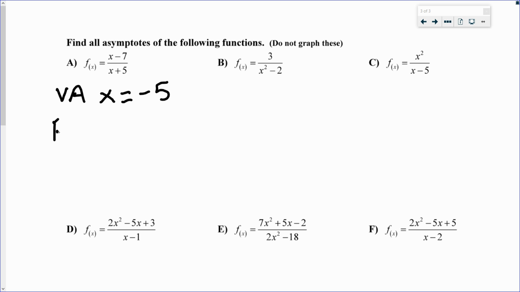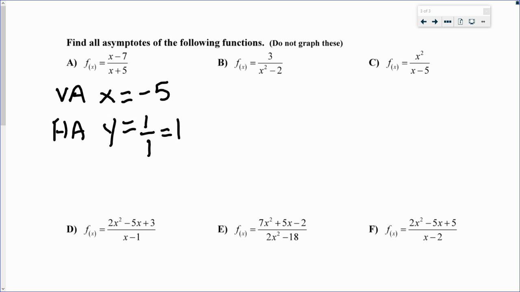For the horizontal asymptote, the degree is 1. So this is case 2, where we take the leading coefficient. The leading coefficient here is 1. The leading coefficient here is 1. So the horizontal asymptote is 1.